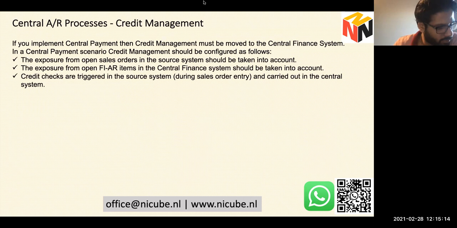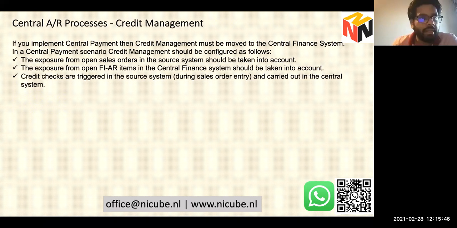For dependent processes, such as dispute and everything in some system, you have to centralize that operation as well, because now you can no longer run your open item based operations in the ECC system.